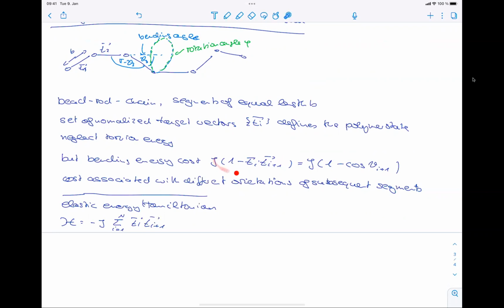If I consider this energy cost and omit the constant terms, omitting the state-independent constant, then what's governing the energy is really this product of the two tangents.